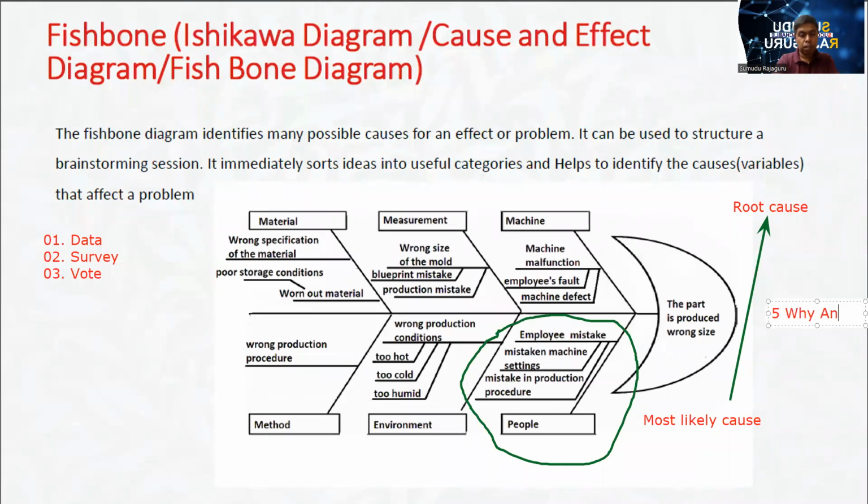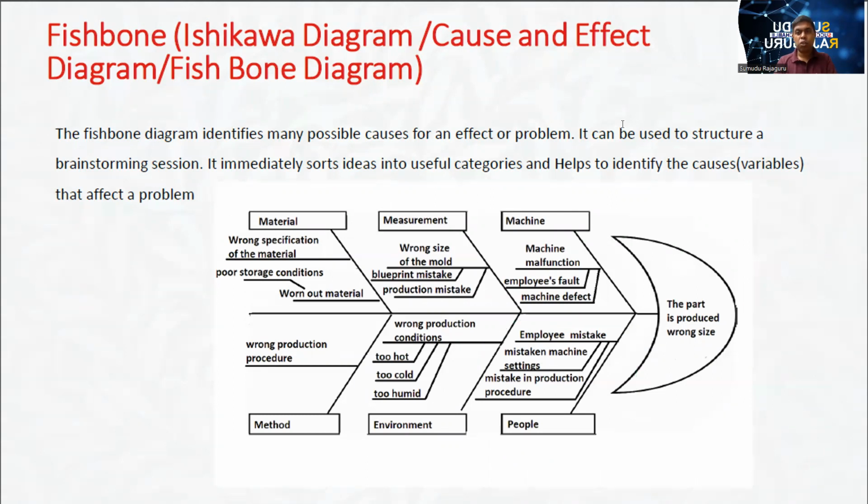Today I'm not expecting to talk about the 5 why analysis; I just added it in here. So from the fishbone diagram, we can segregate causes into different parts, and by using these three mechanisms, we can find out the most likely causes.